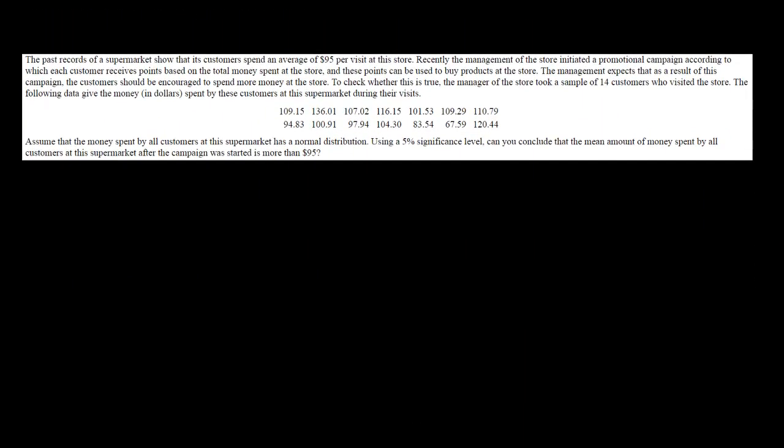Past records of a supermarket show its customers spend on average $95 per visit at this store. Recently, the management of the store initiated a promotional campaign according to which each customer receives points based on the total amount of money spent at the store. And these points can be used to buy products at the store.